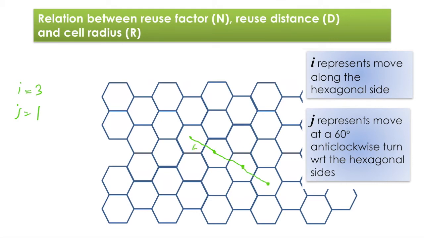So here i equal to 1, i equal to 2, i equal to 3, and we'll take a 60 degree anti-clockwise turn and move along that side. So this is j equal to 1. This is how we can select the relative distance between two cells in a hexagonal coordinate.